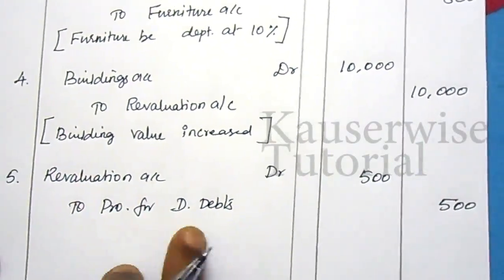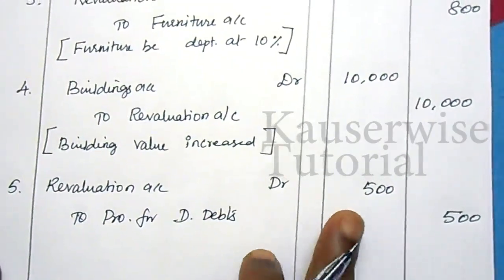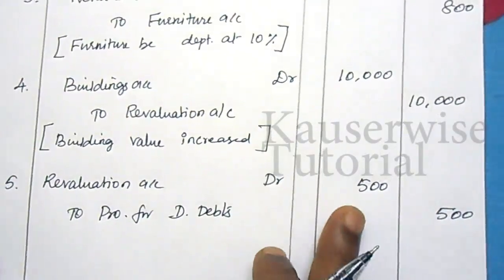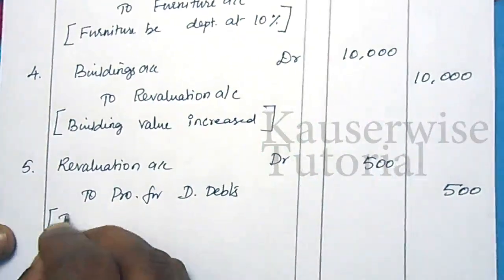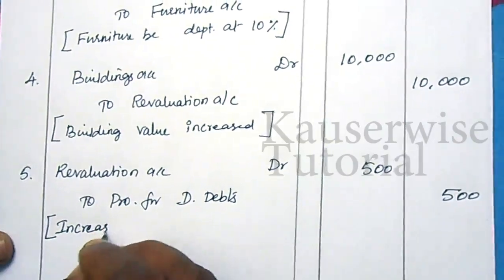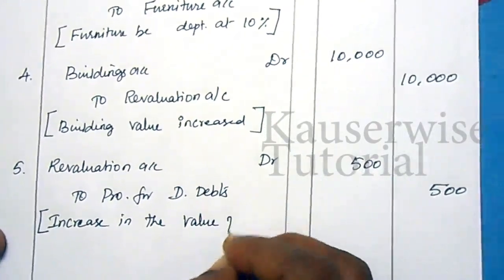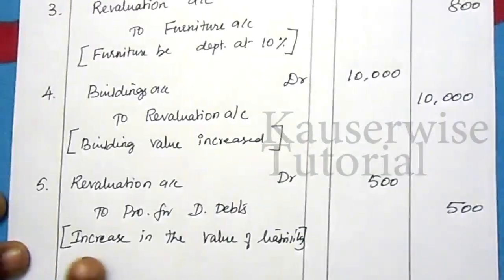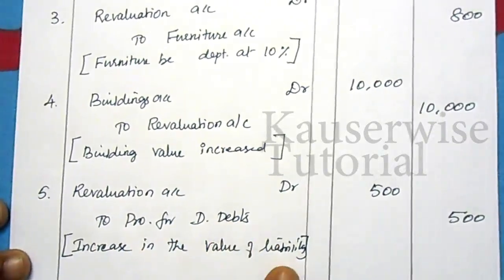The old value is 500, it has been increased to 1,000, and the difference amount is 500. Narration: Increase in the value of liability. Provision for doubtful debts is a liability.